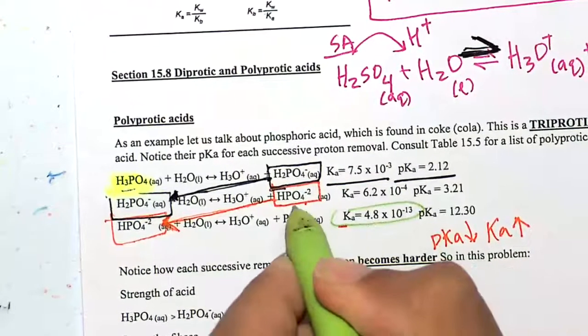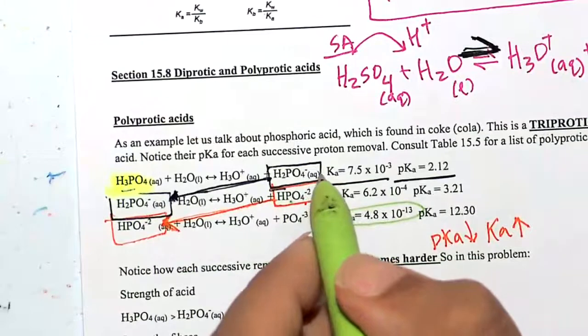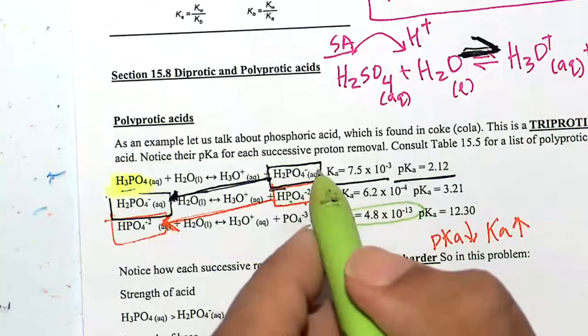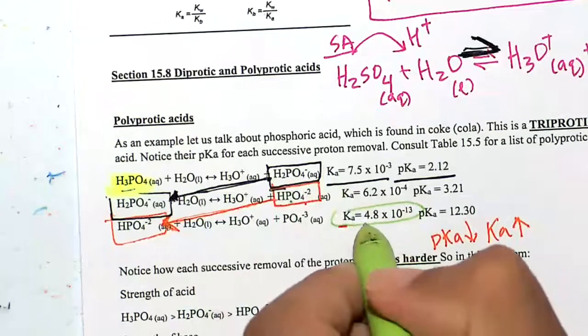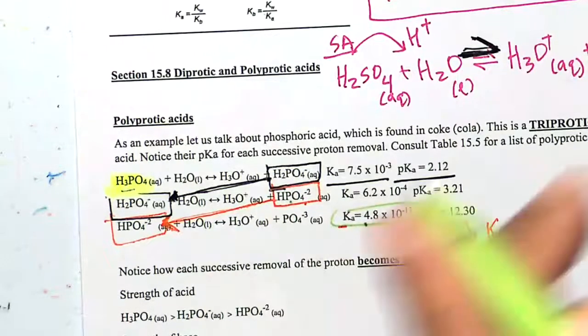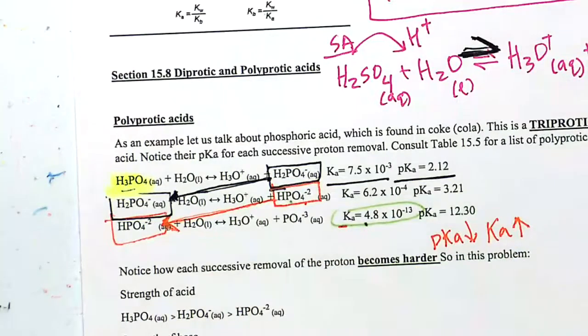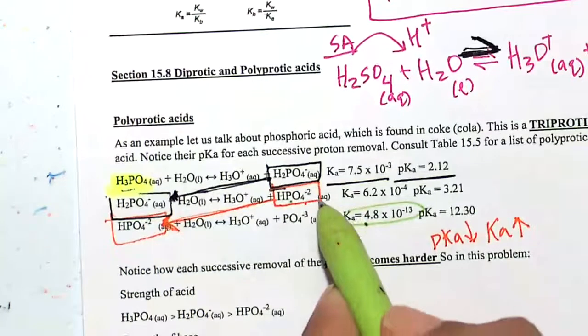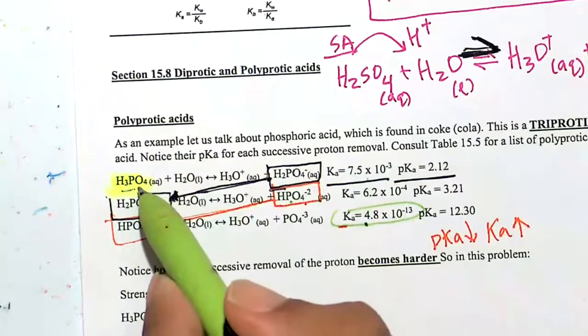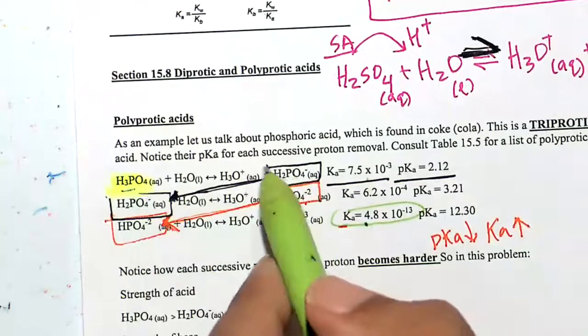Do you think this is a good acid? Why not? Because the Ka is 4.8 times 10 to the minus 13, a very, very small number. So this proton probably won't come off. 7.5 times 10 to the minus 3 is small, but it will come off.